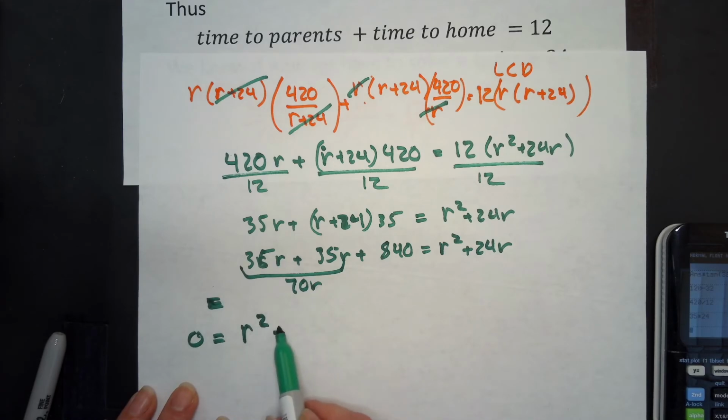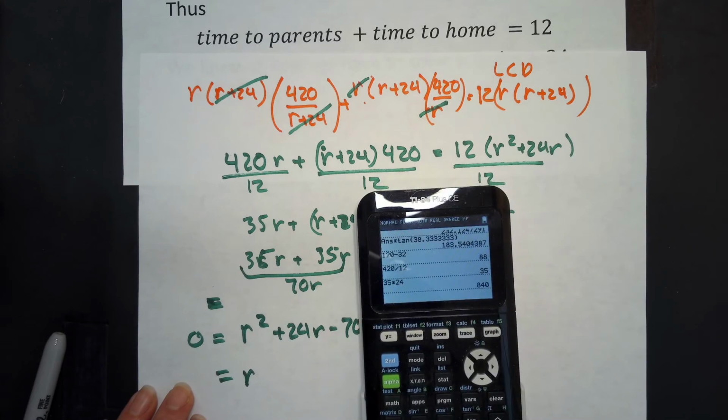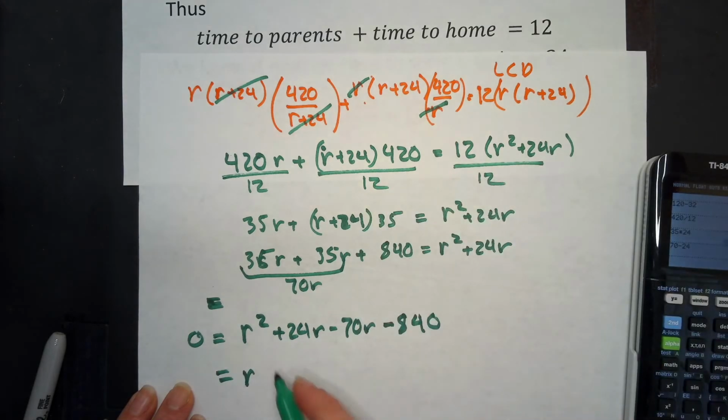squared plus 24R minus 70R minus 840. And so that's going to be R, and we have 70 minus 24, so 46.